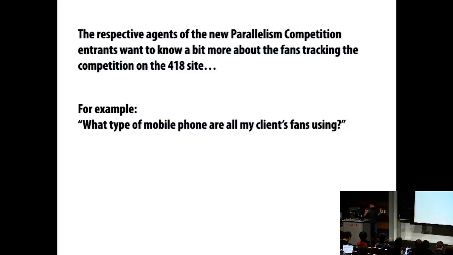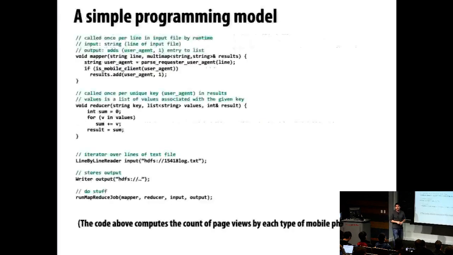And if I wanted to do that, one way is I could use a programming model like MapReduce. I don't assume that you guys have seen MapReduce, but let's just talk about it a little bit. So imagine that I had a class that reads the file, an iterator over every line of the file. Imagine that I have some ability to write an output, and I'll give you one function call.